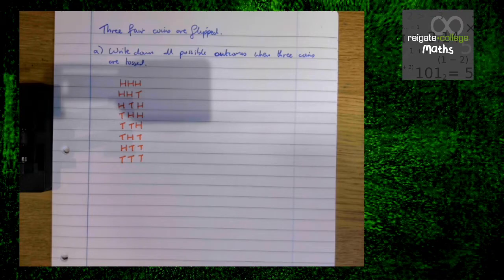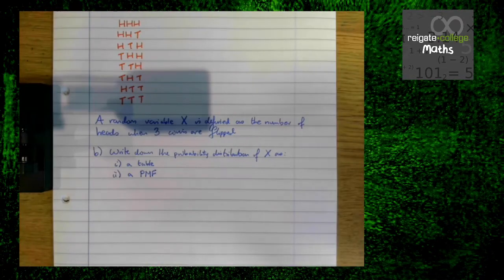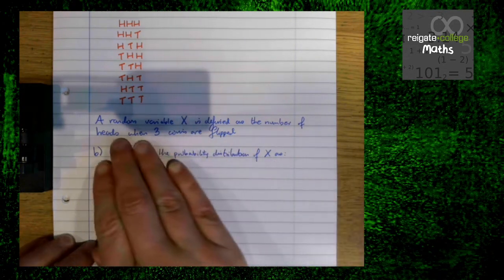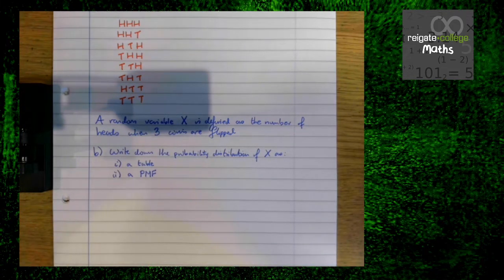The important thing is now what we do with those. What we're going to do now is use the outcomes that we wrote down with this new piece of information, that a random variable, x, is defined as the number of heads when 3 coins are flipped. So it's relating to what we've just written down. We're going to write down the probability distribution of x first as a table, then as a probability mass function.